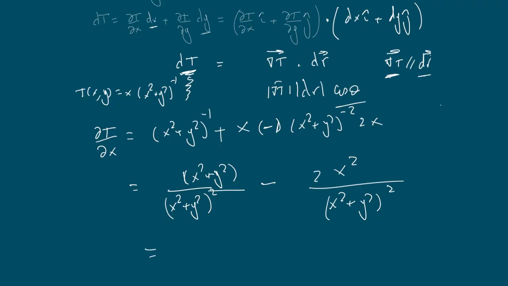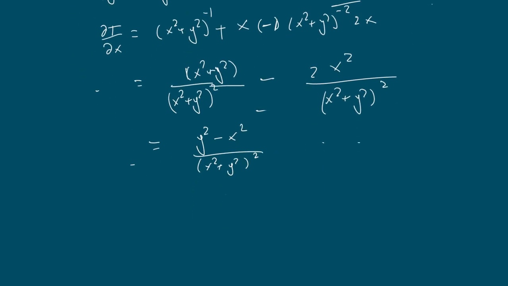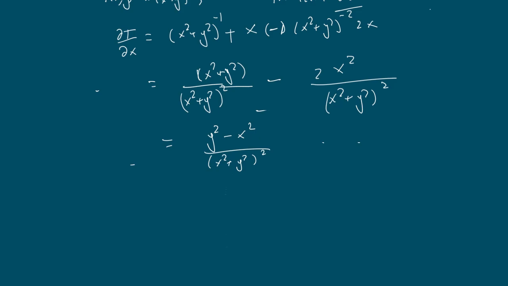And if we sum now the numerator, x squared minus 2x squared will be minus x squared, so it will be y squared minus x squared divided by (x squared plus y squared) squared. Now we have the partial derivative of T with respect to x.